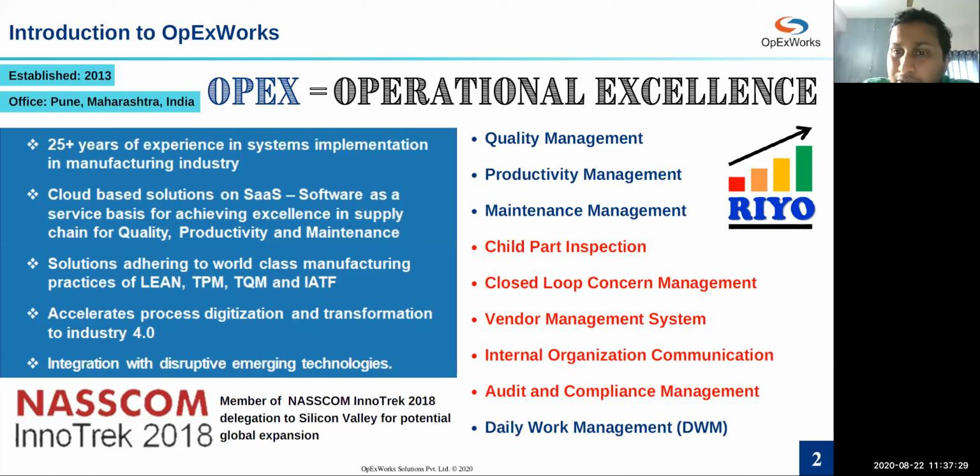We call it RIO, specifically useful for plant efficiency management. Then, from the customer-supplier relationship perspective, we have products related to child part concern management, vendor management system, internal organization communication, audit and compliance management, and daily work management.